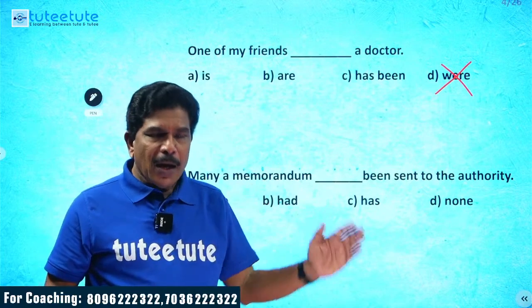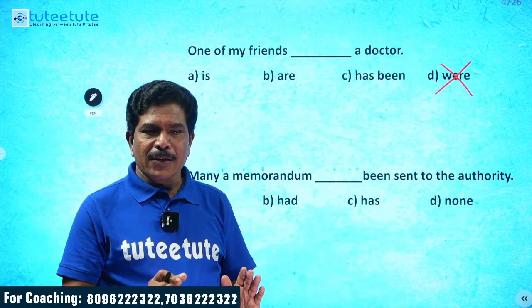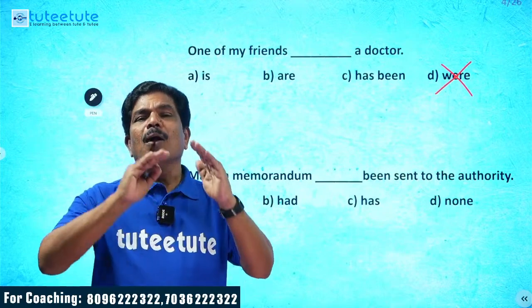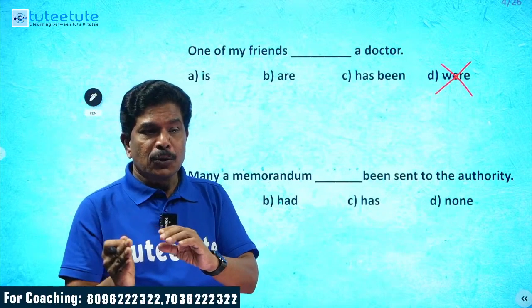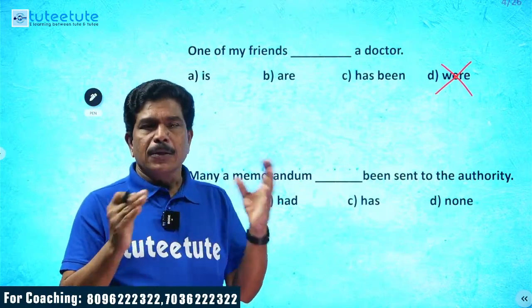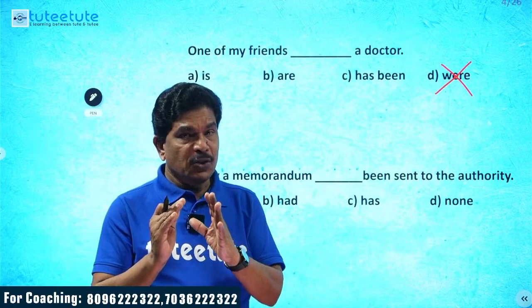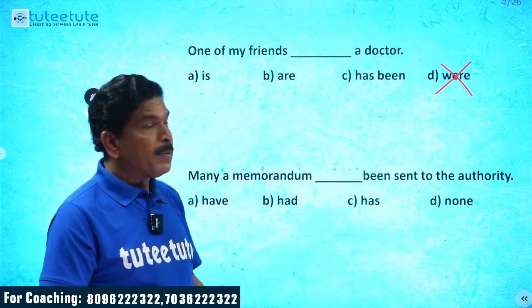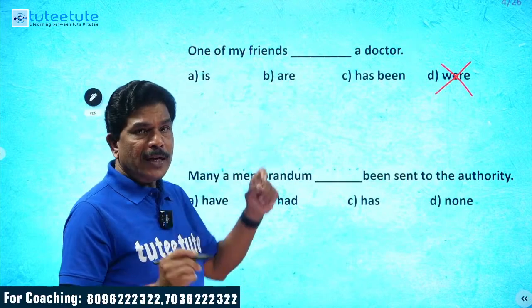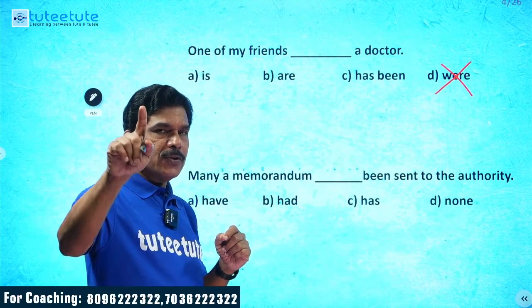When there is no adverb of tense given, it is always present. When no adverb is given to suggest the aspect, it is always simple. Here, this is simple present. Again, one of my friends is, as you can guess, singular.